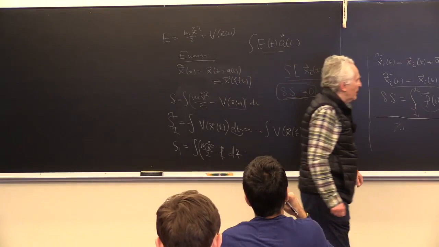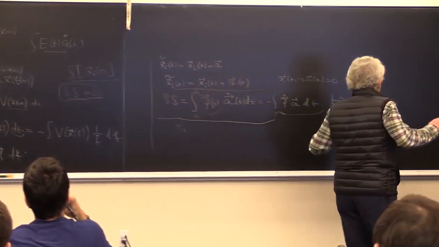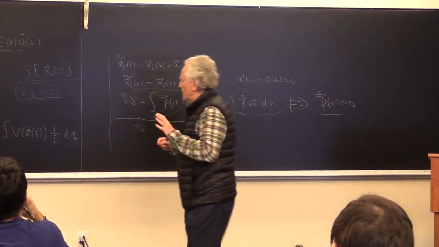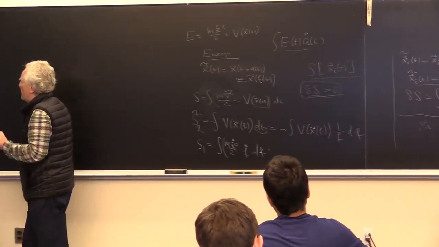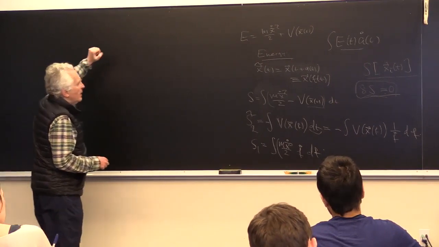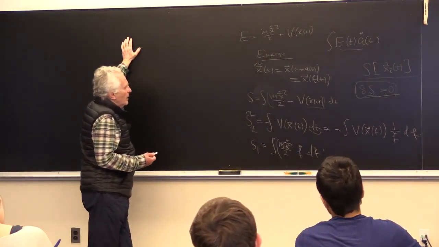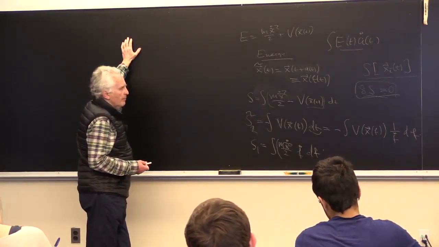Energy is time independent. That was basically what we discussed last time. And now we will strongly generalize and improve it. But before I come to this, let me give you one example.